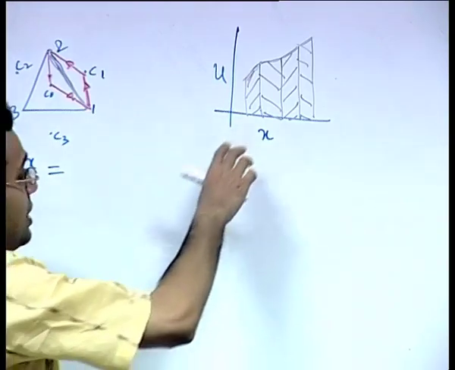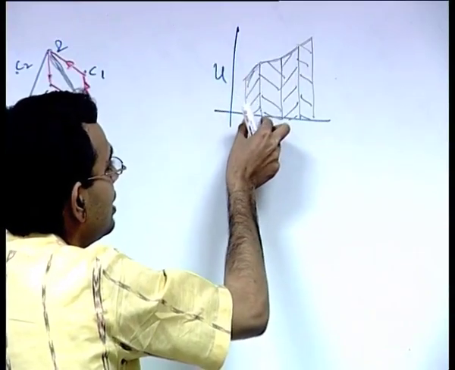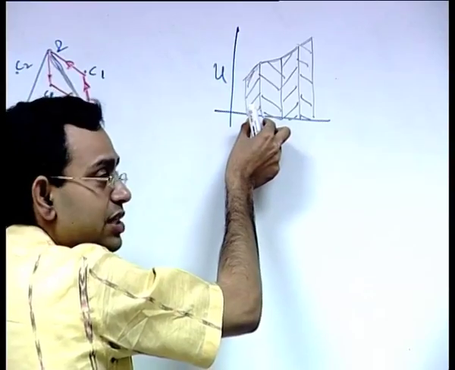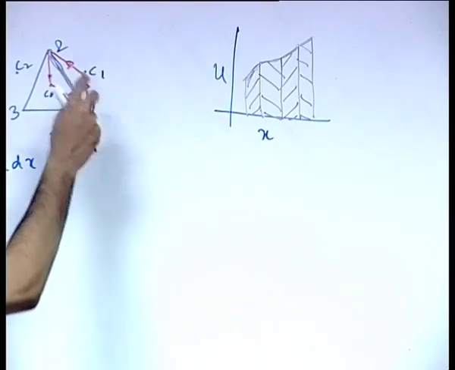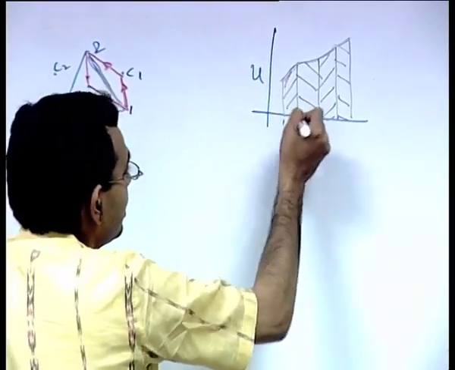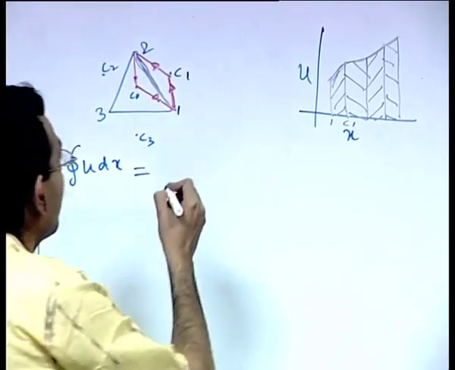Area of each trapezium is half of the sum of the u's into the x difference between the two. So here from 1 to C1, let us say this point is 1, this point is C1. So what is the first area?